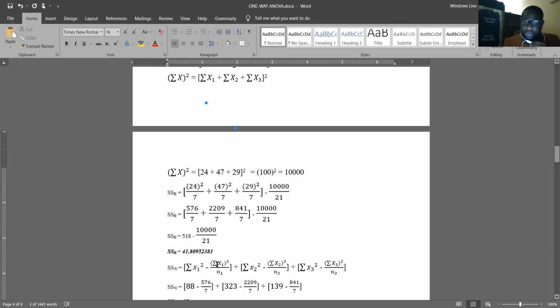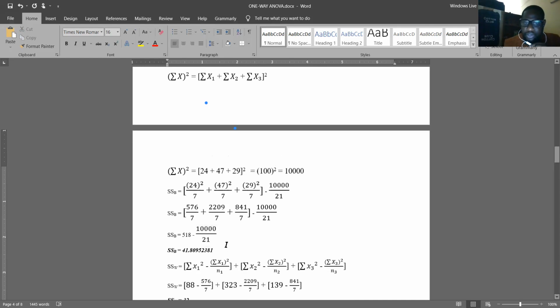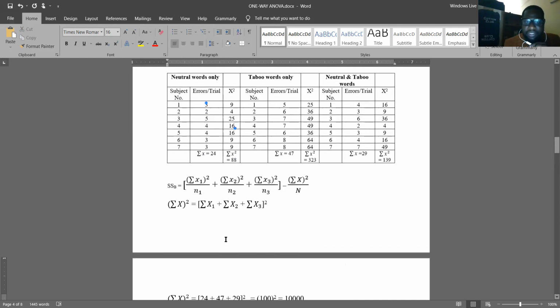Okay. So right now we know sum of squares for between. The next thing for us to solve is sum of squares for within. Let me try and copy this table so that it will help us well.